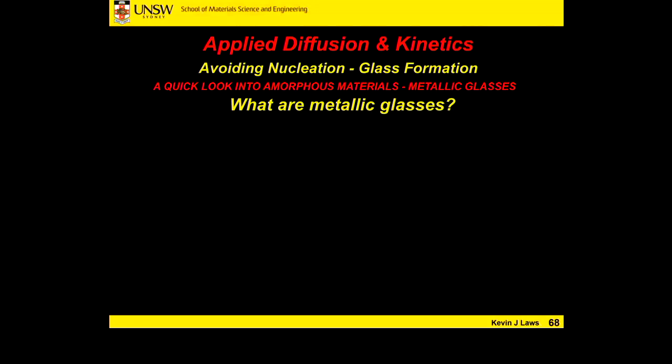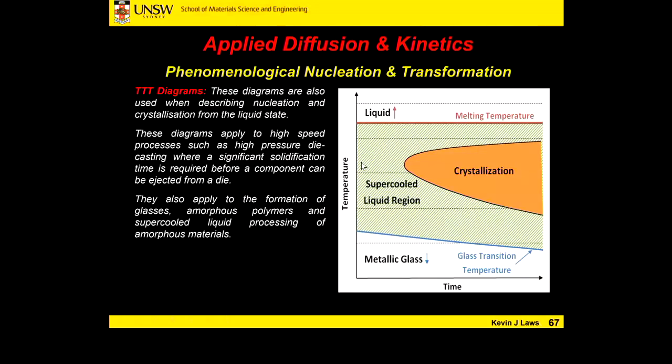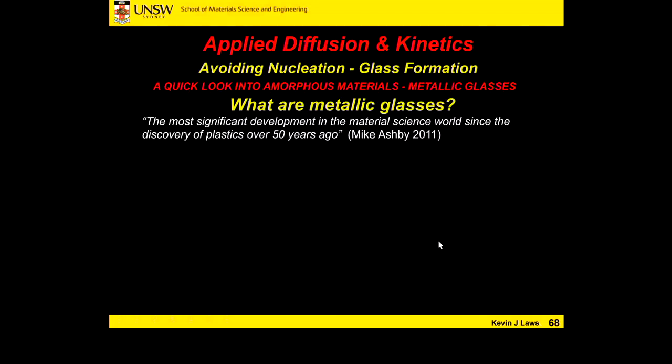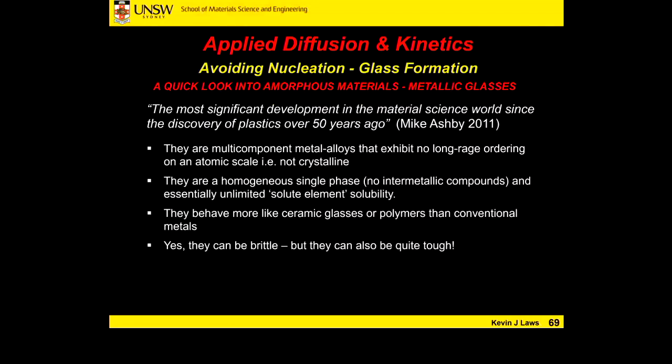I'll back it up just quickly. When we cool our metal down quickly enough to avoid this crystallization nose, we end up with a vitreous solid below the glass transition temperature. Their structures are homogeneous, so there are no local composition variations from forming multiple phases.